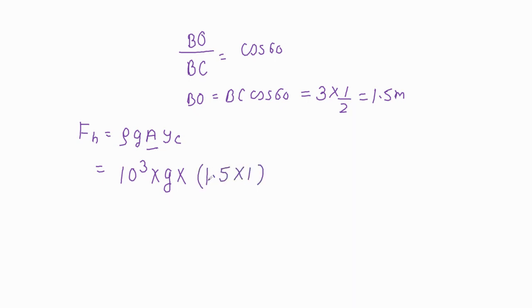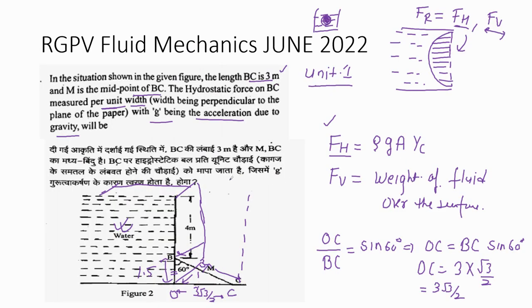Okay, now we calculate YC. Okay, so what is YC? YC is the distance of the centroid from this surface. So this height is 4. Let me draw it with another color. Okay, so this height is 4 and this total height is 1.5. So YC is equal to 4 plus 1.5 by 2.